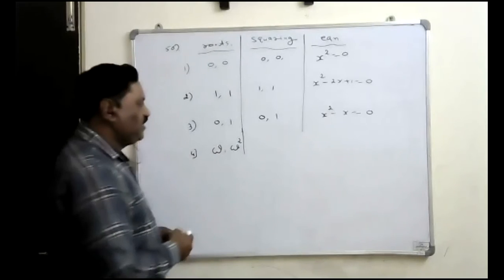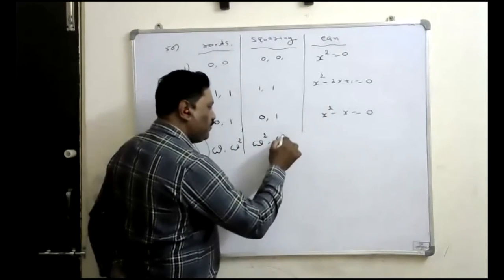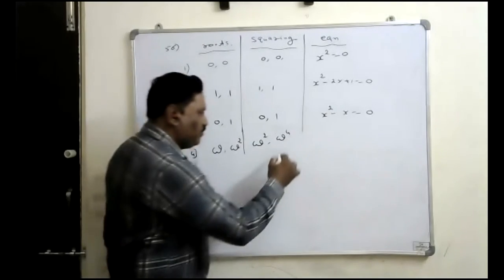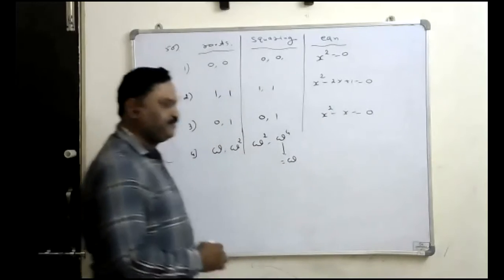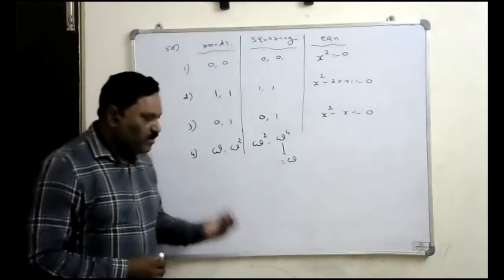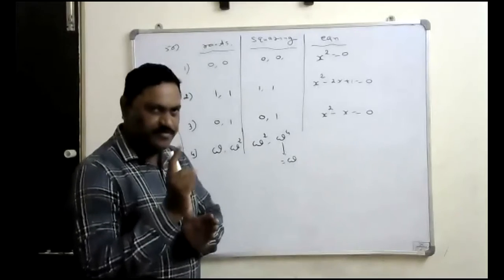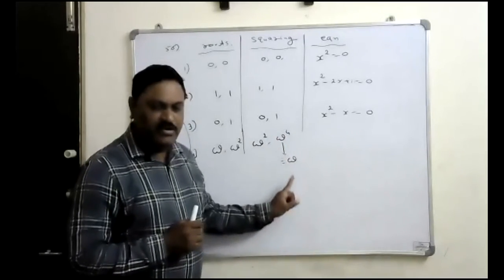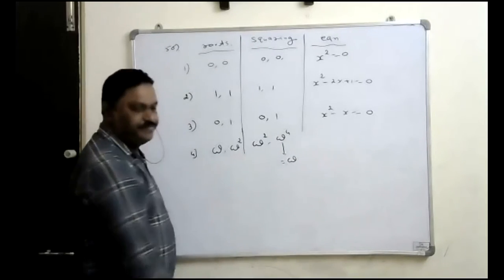If I square them, what will you get? Omega square, omega power 4. But omega power 4 is also equivalent to omega, right? Because omega power 4 you can write as omega cube into omega. The value of omega cube is 1. That's why it is 1 into omega, which is omega. So omega power 4 is also equivalent to omega. Means you got the same roots again. Omega square and omega, the same came, right?